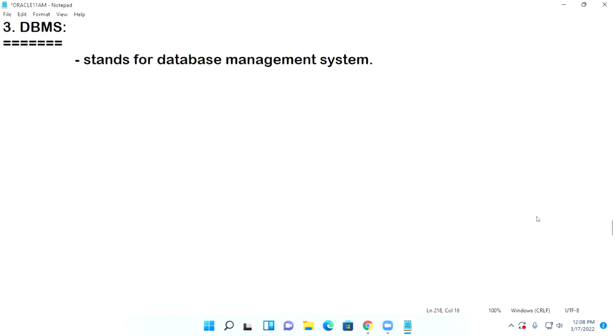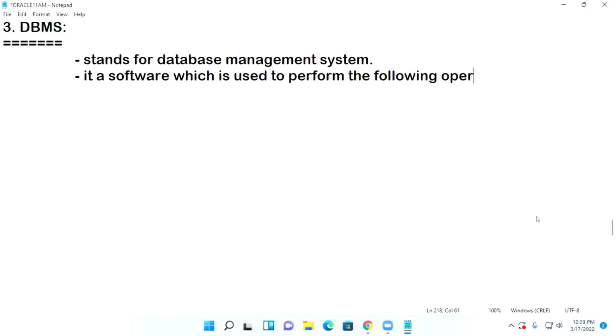And with this software, what can we do? It is a software used to perform the following operations.